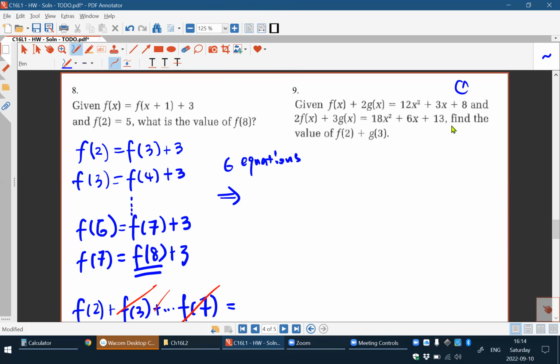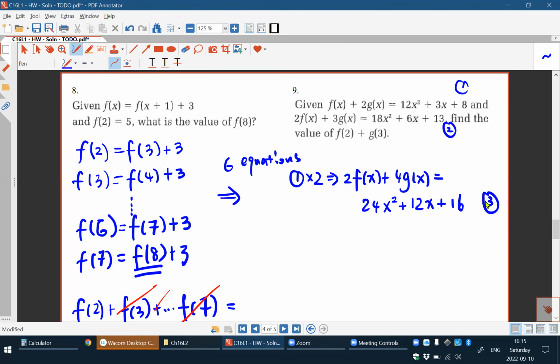So let's call this number 1 and this number 2. We can use number 1 times 2. This gives us 2f(x) + 4g(x) equals 24x² + 12x + 16, right? Then use 3 minus 2 to eliminate one of the variables. If you use 3 minus 2, the left side is g(x), right?